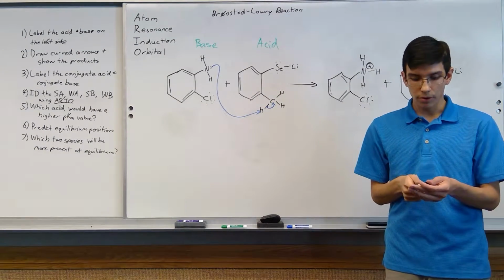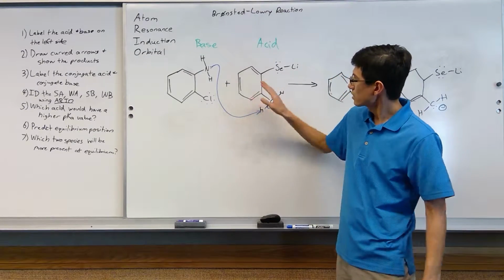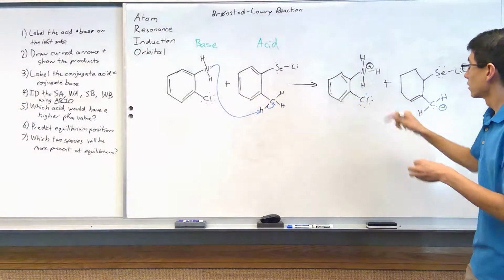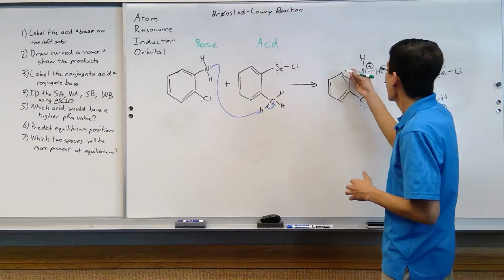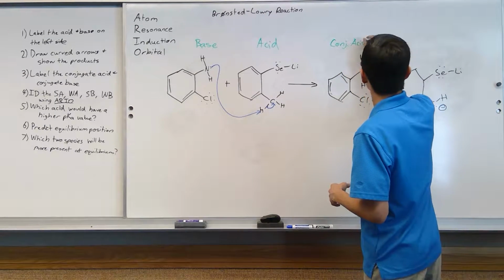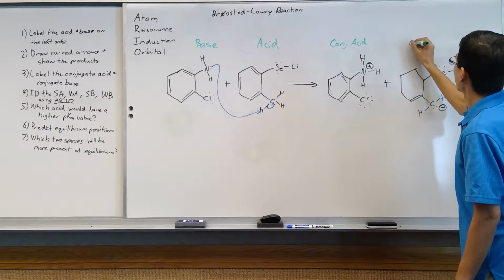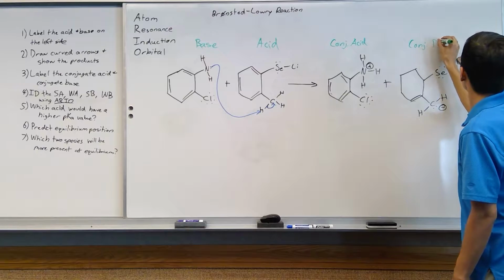The next step is to label the conjugate acid and the conjugate base on the product side. Because this gained a proton, this is now the conjugate acid. And since this donated a proton, this is now the conjugate base.